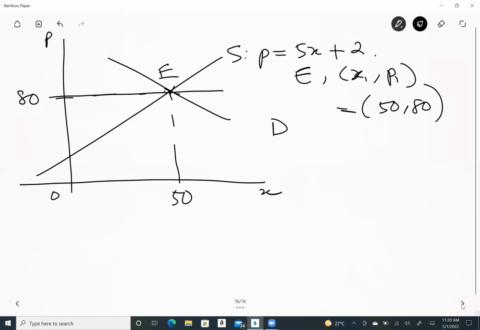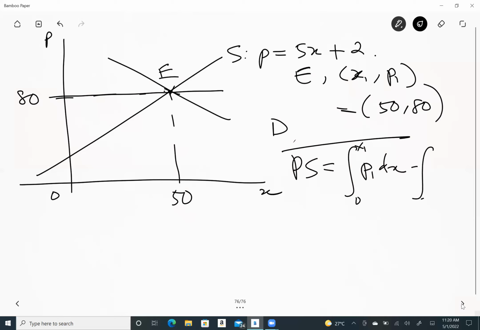Now, what is the producer surplus? Producer surplus is equal to what? The integral of P1 dx from 0 to x1 minus the integral from 0 to x1 of the supply function dx.